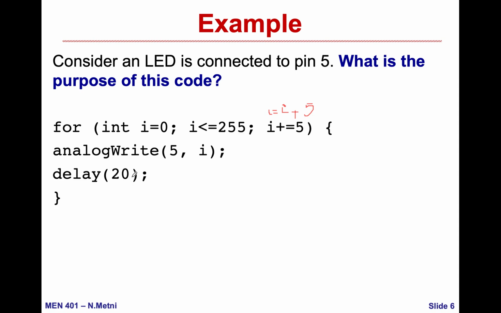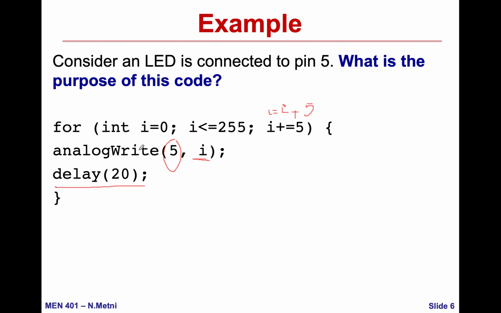Let's first explain the instructions as is. Here I am writing an analog output: a PWM on pin 5, whose duty cycle is increased from 0 by steps of 5 until 255, with a delay of 20 milliseconds after each increase.